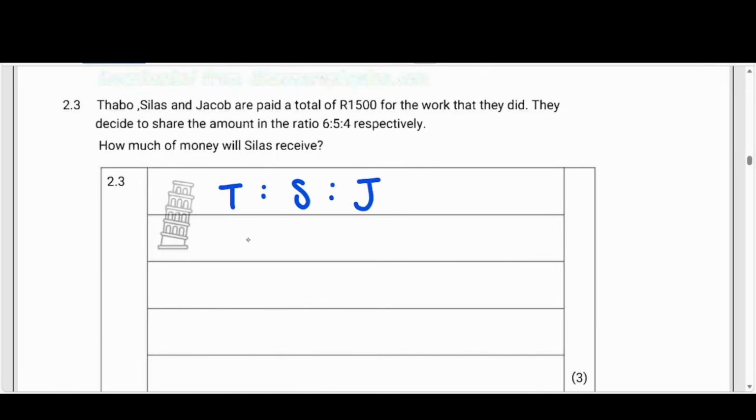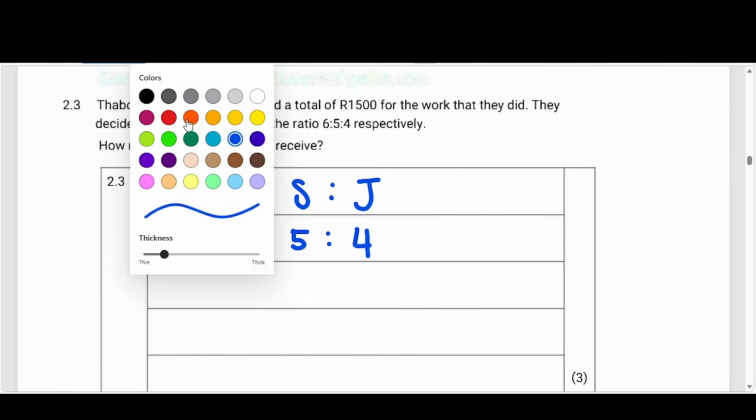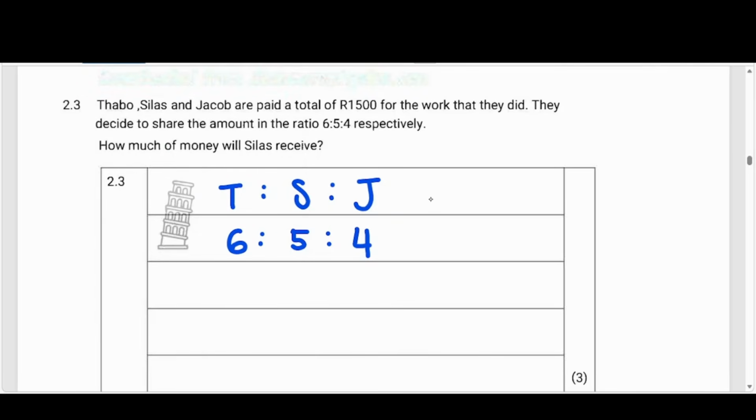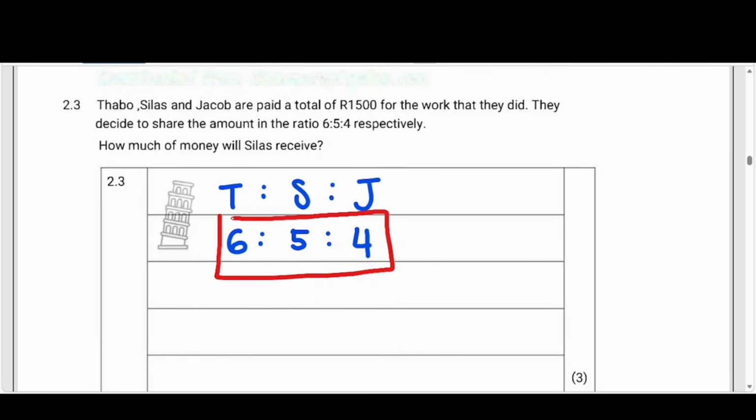And they decide to do the ratio of 6 to 5 to 4. So with a question like this, we have the total and we need to divide it by how many parts we have. So the total number of parts here, 6 and 5 is 11, 11 and 4 is 15. So we can say there are 15 parts.